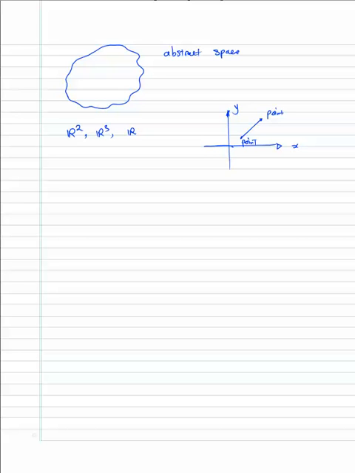For example, we can have a space of functions, for example, continuous functions defined on a closed interval a and b, with the usual addition and multiplication by scalar. They will define a vector space.